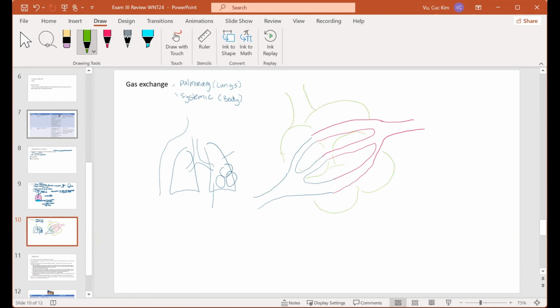Okay. So we mentioned that when you inhale, air moves in, and that air, what's the composition of air? Air is actually mostly what? You had to do this on your worksheet. Yes, perfect. So air is mostly nitrogen. Only about 20% is oxygen, but it's more oxygenated than, of course, what deoxygenated blood would have.